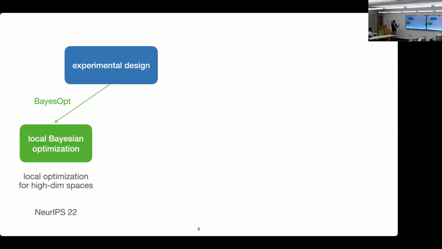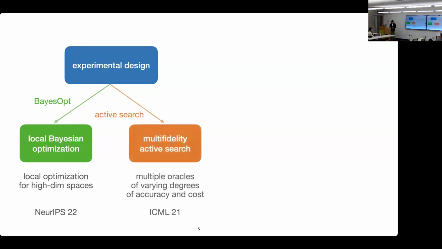You can think of this as a Bayesian gradient descent algorithm that doesn't thoroughly explore the search space because it's impossible to do in high dimensions, but still does a pretty good job in optimizing the objective function that you care about. I've also done a couple of works in what's called active search, which is the realization of this experimental design framework for the goal of searching for as many different good data points as possible.